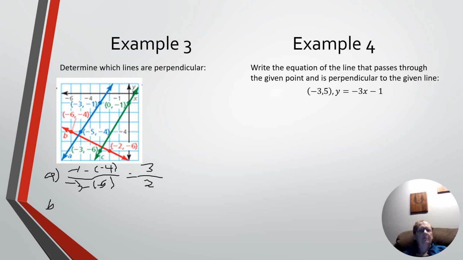All right, line B. Again, we'll find its slope. So we have -6 minus -4 as my y values, and -2 minus -6 as my x values. So -6 plus 4 is -2. -2 plus 6 is 4. So this is -1/2.